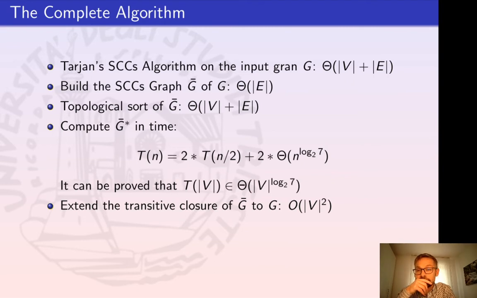Okay, so you simply have to look at the overbar G to get the reachability property for G, and this of course can be done in time quadratic with respect to the original matrix. Why? Because if we want to represent this reachability by using a square matrix, of course we need to fill the matrix by using zeros and ones. Okay.